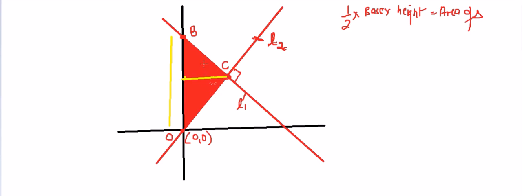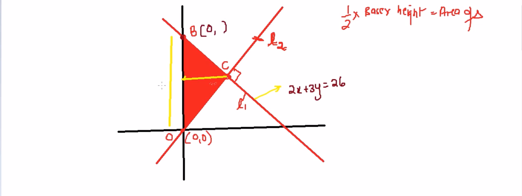So the very first thing is we should know the coordinates. Now if I go back and see the equation L1, so L1 was 2x plus 3y equals 26. And this point we don't know, but we know that this point is lying on y-axis. That means x is 0 there. Only we need to calculate the coordinates of y.